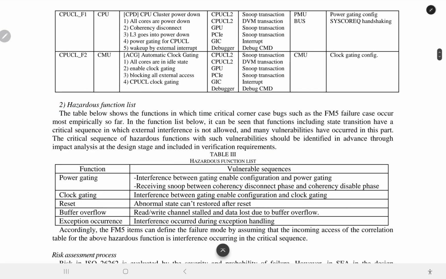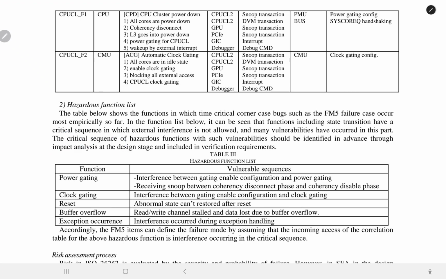The hazardous function list. The table below shows the functions in which time critical corner cases work, such as the FM5 failure case. Corner cases most empirical so far are in the functions listed below. It can be seen that functions including state transition have a critical sequence in which external interference is not allowed, and many vulnerabilities have occurred in this part.